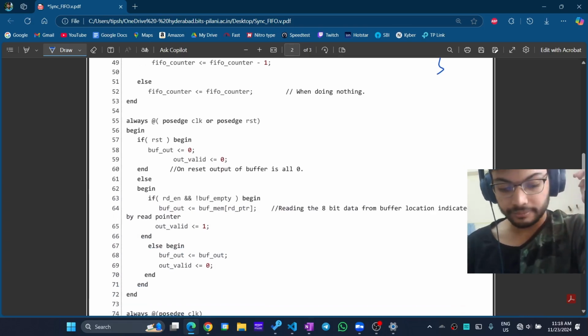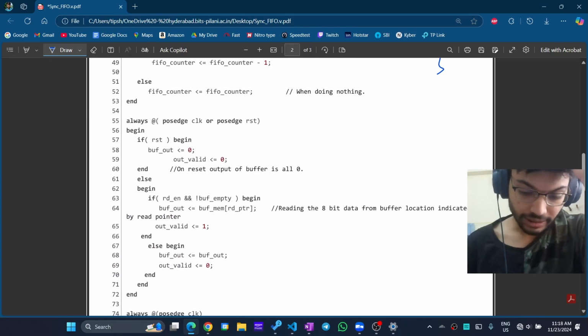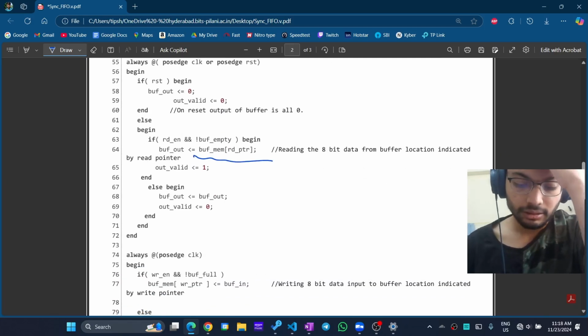When the read enable is turned on and the buffer is not empty, we read the buffer memory at the read pointer location, which is outputted. And when it is not being read, the buffer out stays the same value.